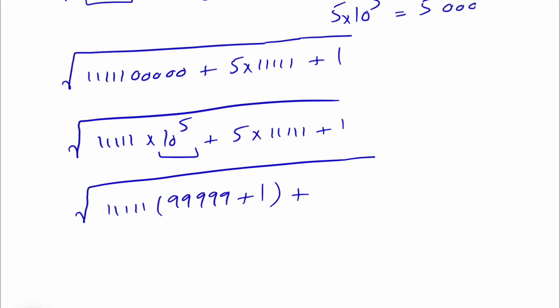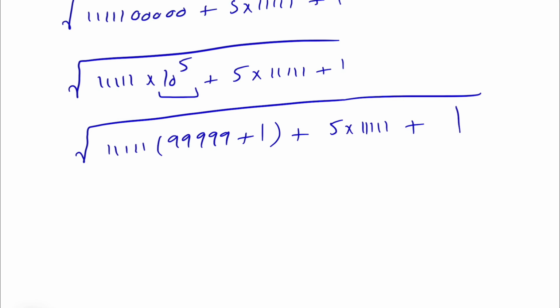And on the rest of this, we have 5 times 111 plus 1. And we know in here 99,999 is 9 times 111. So what we are trying to do is just to build that 111 that we have in here.